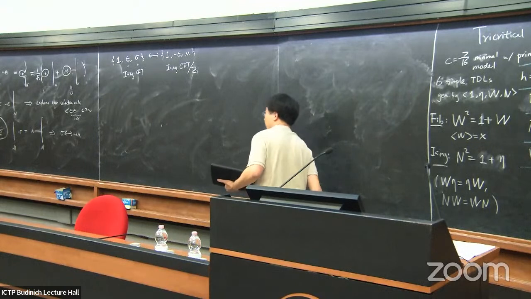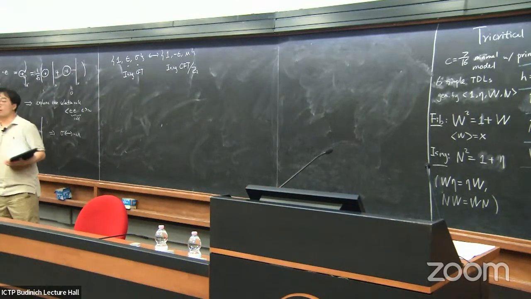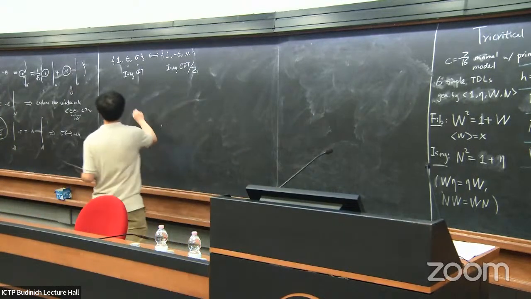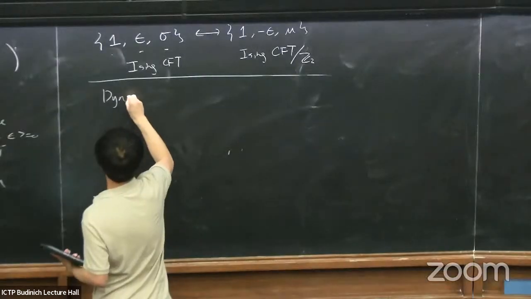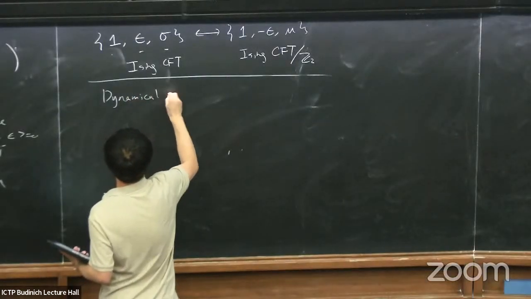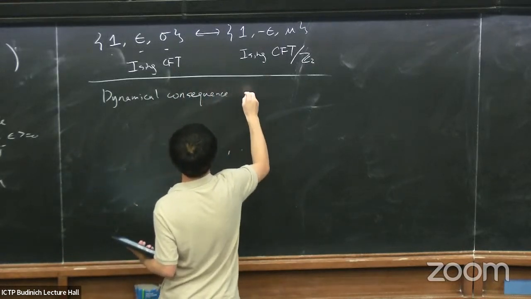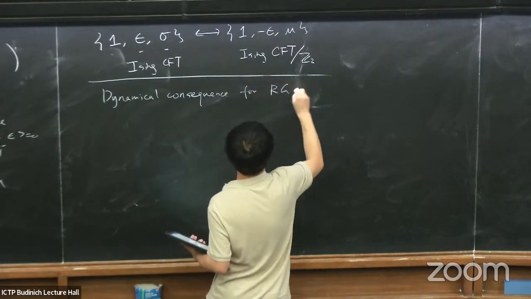It shows up in various interesting systems, and it can be used to deduce non-trivial consequences, for example, on RG flows. So this is what we'll discuss now. The dynamical consequences for RG flows.